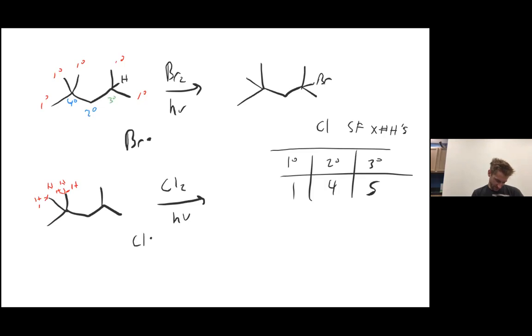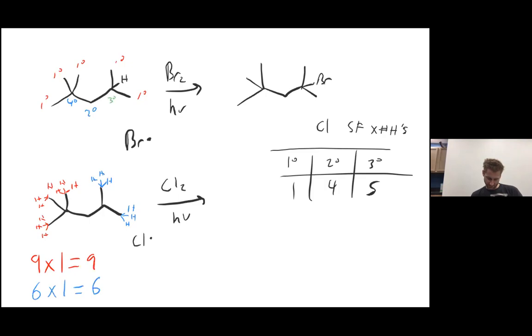We'll have 9 hydrogens on this center, and then 6 hydrogens on these two centers combined. So if we do the math for this red, it would be 9 times its selectivity factor. These are all primary centers, so it has a selectivity factor of 1. Versus in blue, there's 6 hydrogens, so number of hydrogens times the selectivity factor, which is again 1.